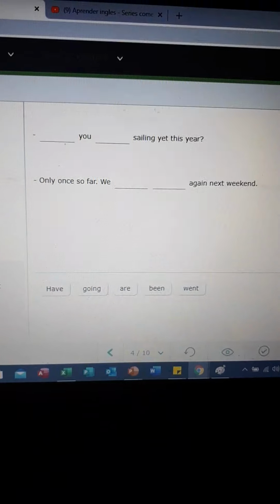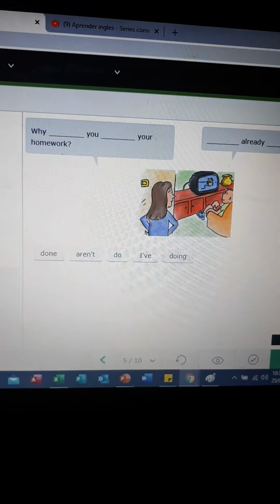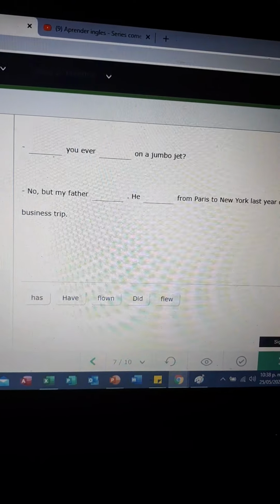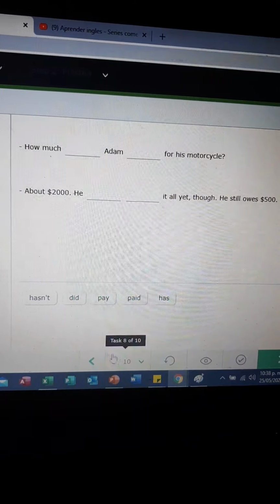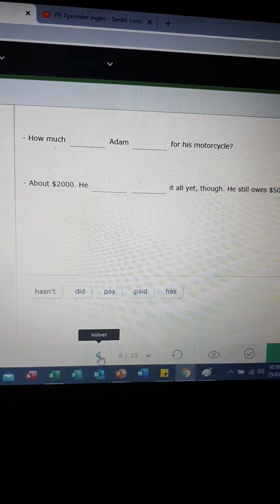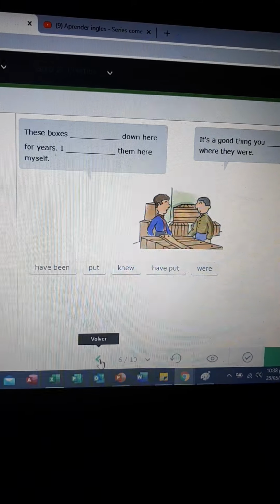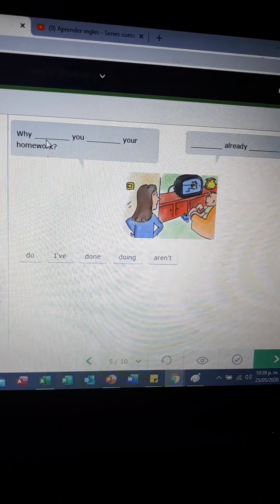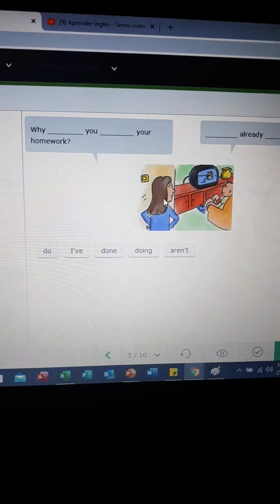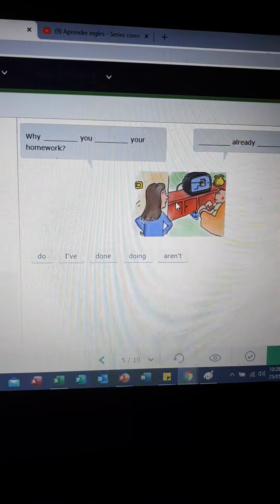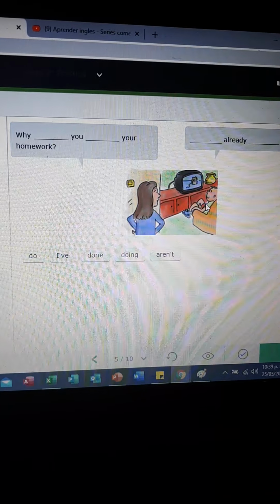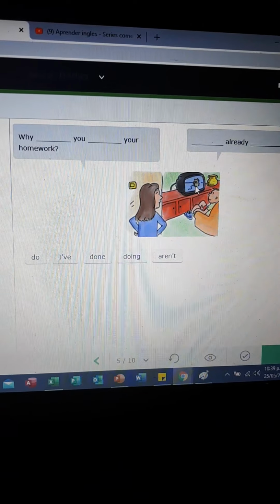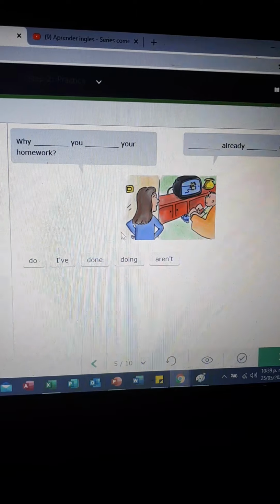Let's see the last one. We were working in all of these exercises, do you remember? The box says we work all of this, and we need to practice, okay? For example, here, why, what? Remember the one where the mom was angry because she thought that her son was playing video games or watching TV, and she asked, why, what?